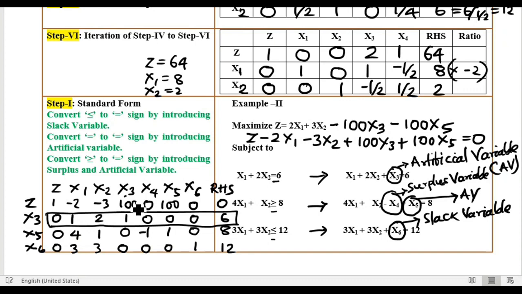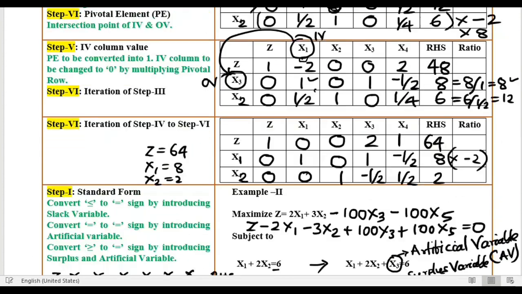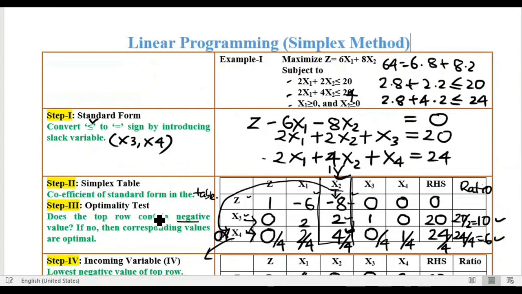Then similarly, after making this one 0, the next step is to convert this one equal to 0. In the multiplication we'll find some minus values over here, and because this is maximization, all the norms of the standard form are prepared.